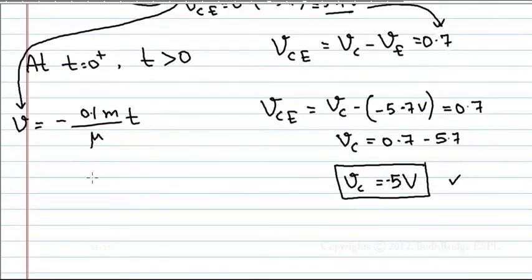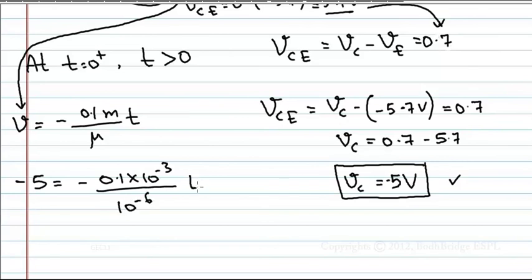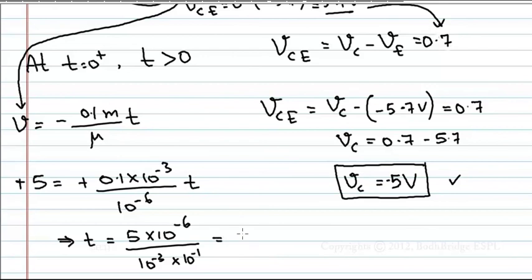Now minus 5 is equal to minus 0.1 into 10 power minus 3 by 10 power minus 6 into t, which implies t is 5 into 10 power minus 6 by 10 power minus 3 into 10 power minus 1, is equal to 5 into 10 power minus 2, is equal to 50 millisecond, right?